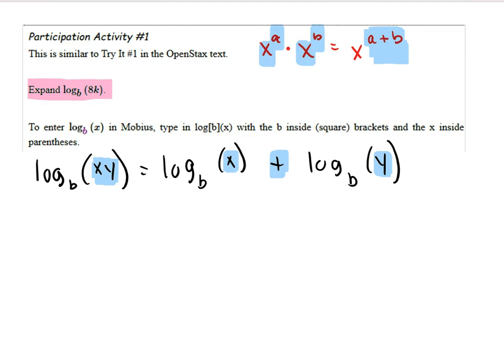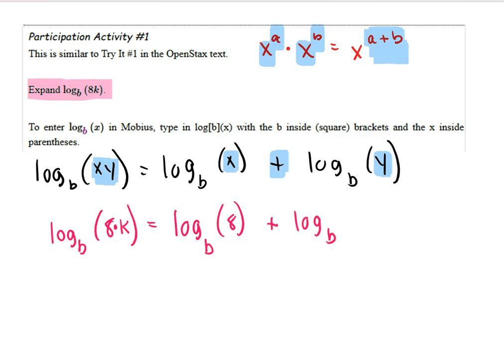So for my problem up here in pink, if you have the log base b of 8k, realize that really means 8 times k. So it's going to be log base b of 8 plus log base b of k.